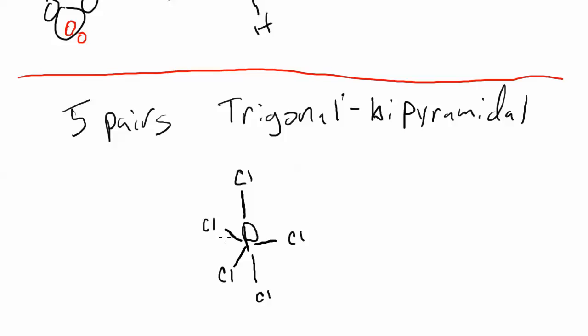And so you get this pyramid shape on top, if you can visualize that, and then a pyramid shape on the bottom. So it's like having 2 pyramids stacked on top of each other with their bases touching, matched up. And that's when you have 5 pairs of electrons. That's the shape that you get.